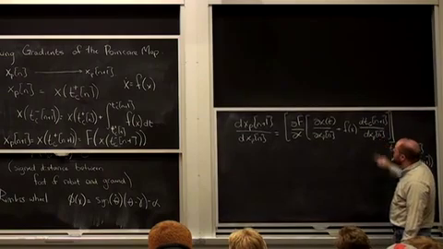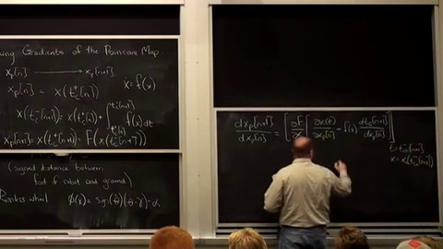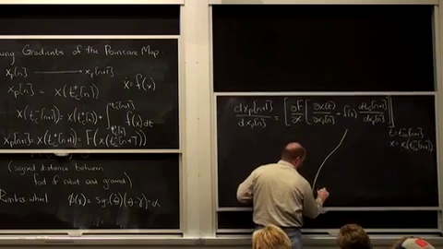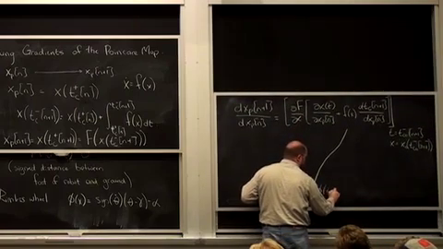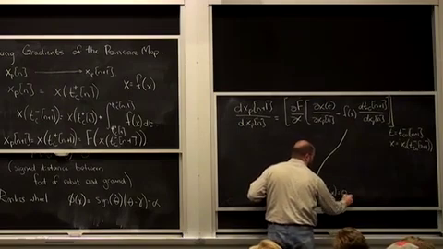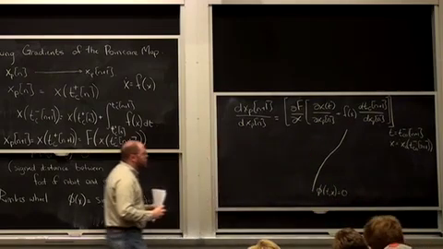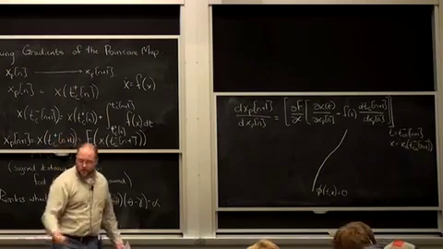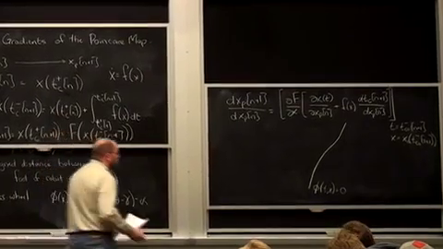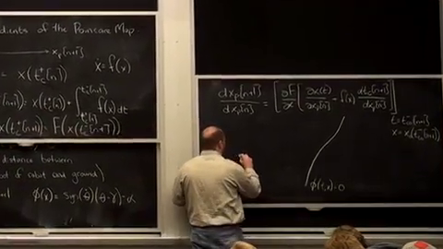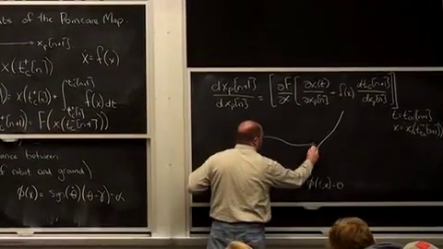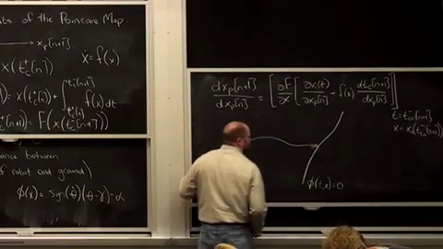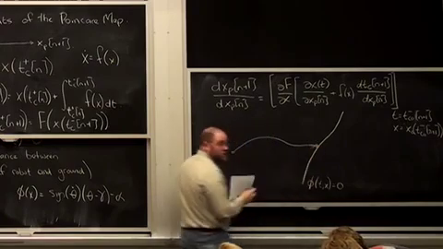Okay? So let's do this in a picture. So let's say I have some manifold defined by phi equals 0. And I have some nominal trajectory that I took to get there. I got to my switching surface.